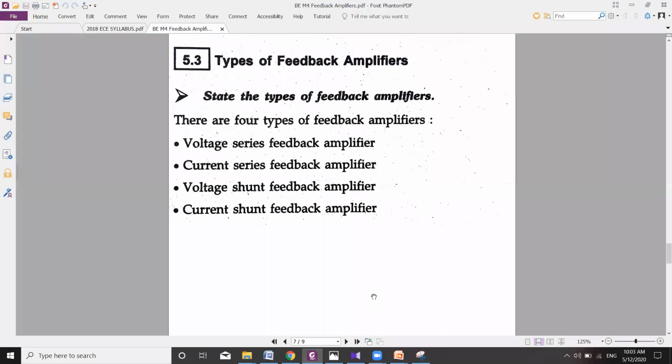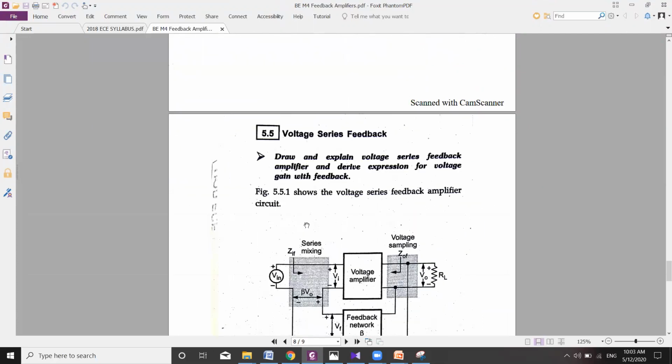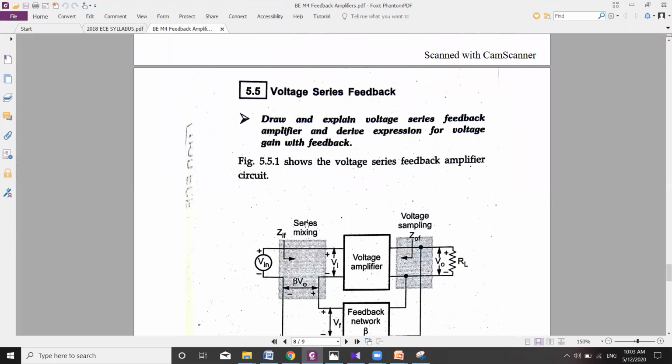For your syllabus, only a listing of feedback networks is required. That is, there are 4 feedback networks: voltage series, current series, voltage shunt, and current shunt. These are the types of feedback networks, and only a generalized overview is needed for your syllabus. Let us go into the detail of one of the topics to be discussed as per your syllabus.